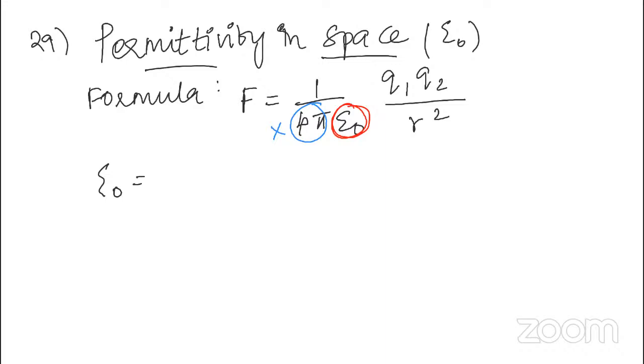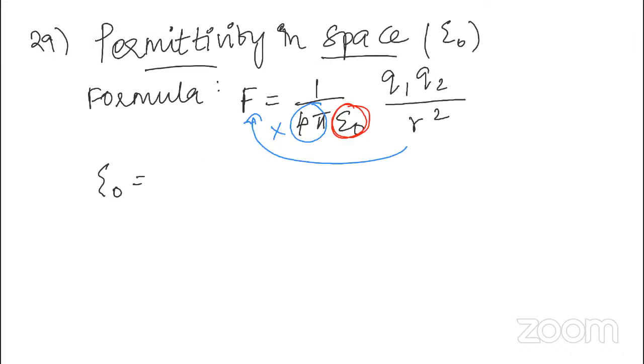So for cross multiplying, F R square. Okay, F R square. We just multiply.